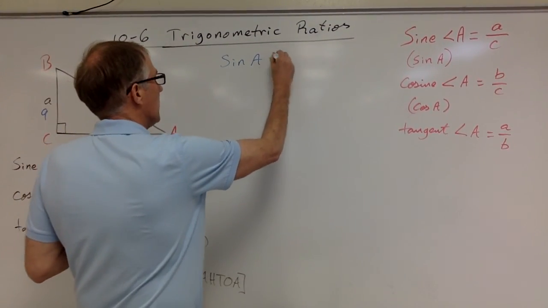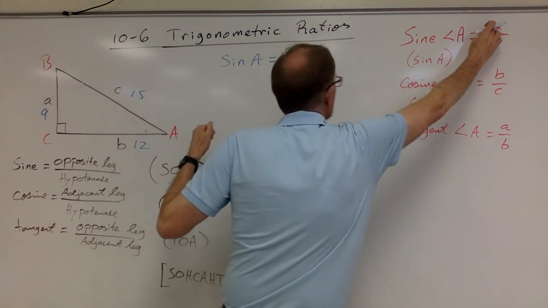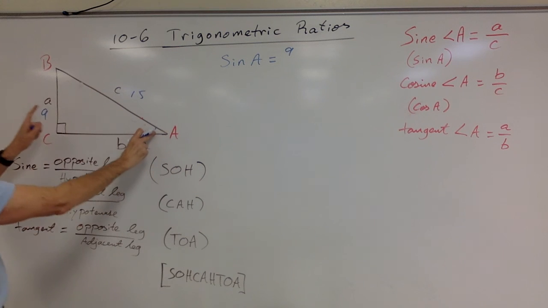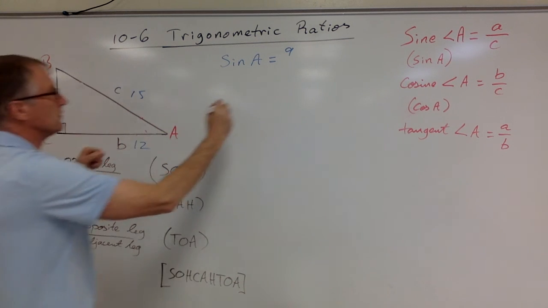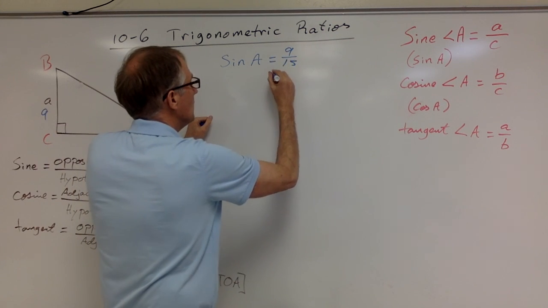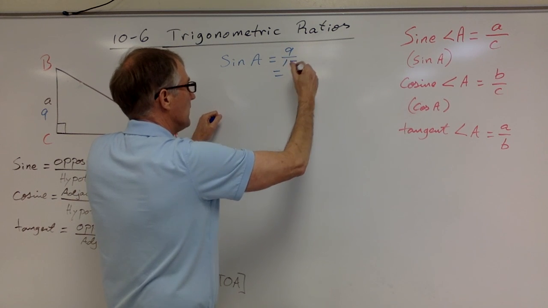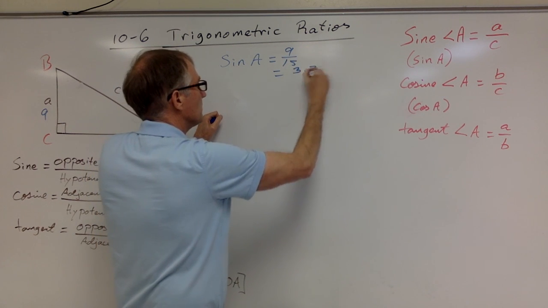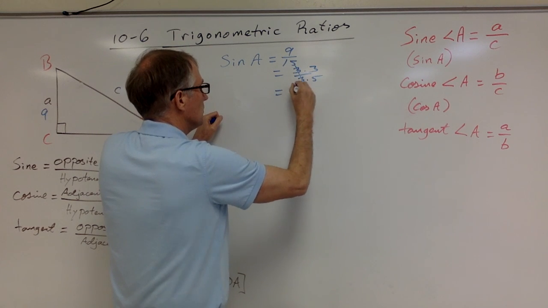It is going to be the opposite side, which is 9, over the hypotenuse. Sine of A is opposite over hypotenuse, 9 over 15, which reduces, because that's 3 times 3, and that's 3 times 5. So that reduces to 3/5.